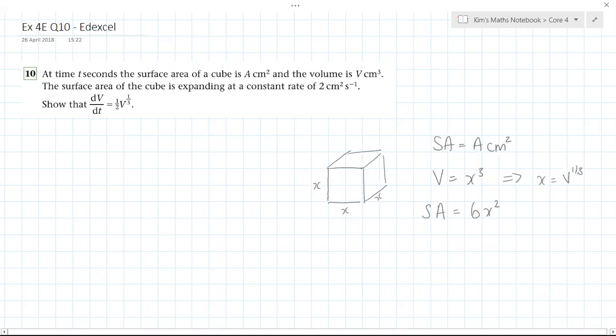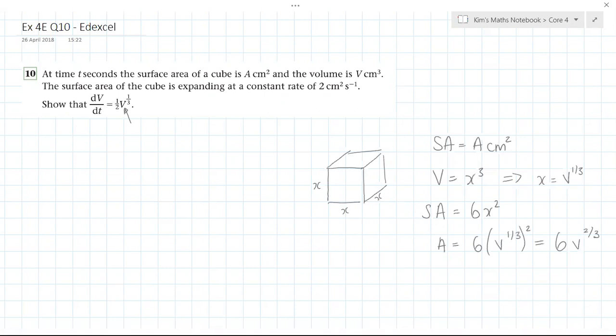Now I'm going to substitute that into A, so that we have the surface area in terms of V, because we can see in the equation here, we've got V. So A is equal to 6 x squared. x is V to the third, and that's all squared. So when I simplify this, I get 6 V to the 2 over 3. So that's what my area is equal to.